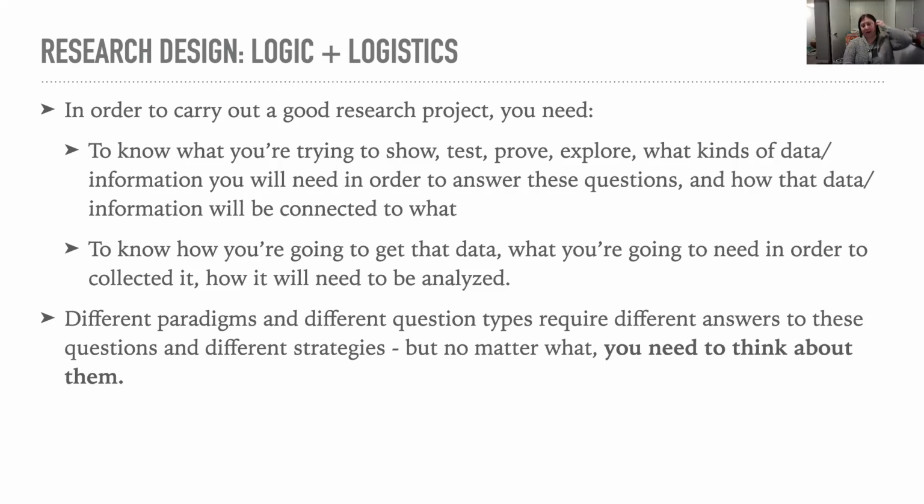Now, it's worth saying that different paradigms and different question types will end up putting you in different kinds of zones for this, right? So when you see that McGregor was talking about how quantitative researchers need to know exactly what they're going to be doing and then follow that plan exactly, that's because of the type of question they're answering using quantitative methods.